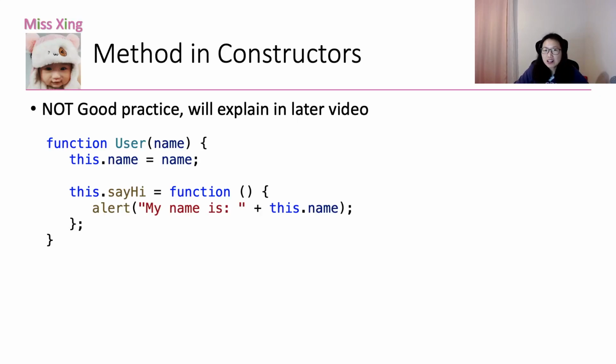Okay, here I will give you one way to do that, which is using attach functions inside this keyword, but it's not a good practice, and we will explain in later videos when we talk about prototype inheritance inside JavaScript. Then we will explain why this way is not good. But here I just show you this way. Okay, it's fine, it works, but not good. Okay, now let me show you.